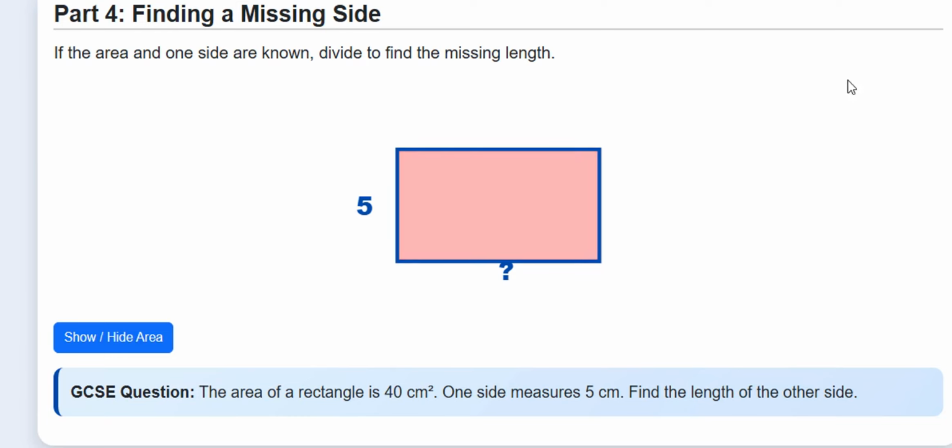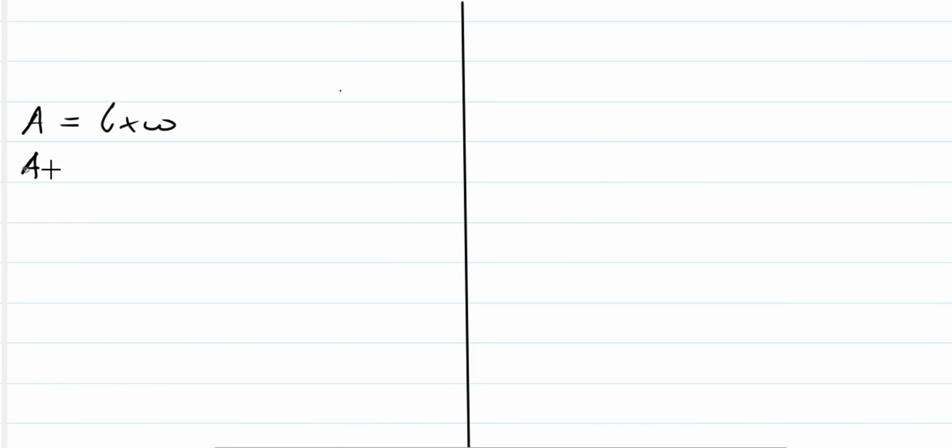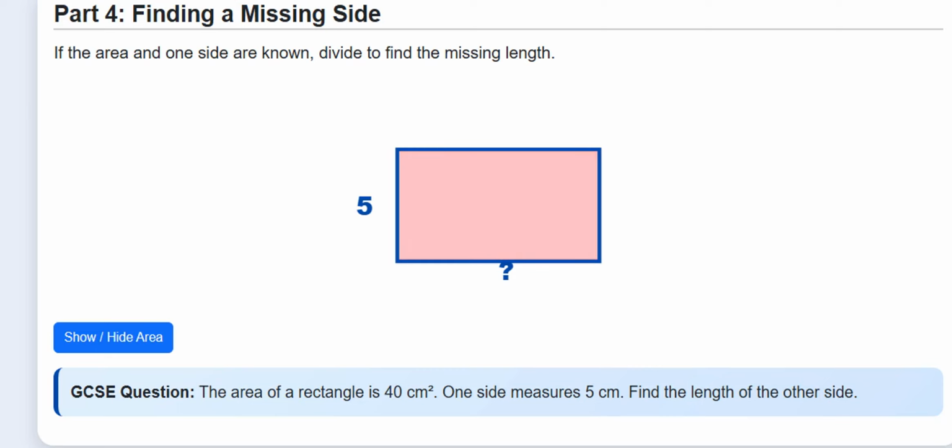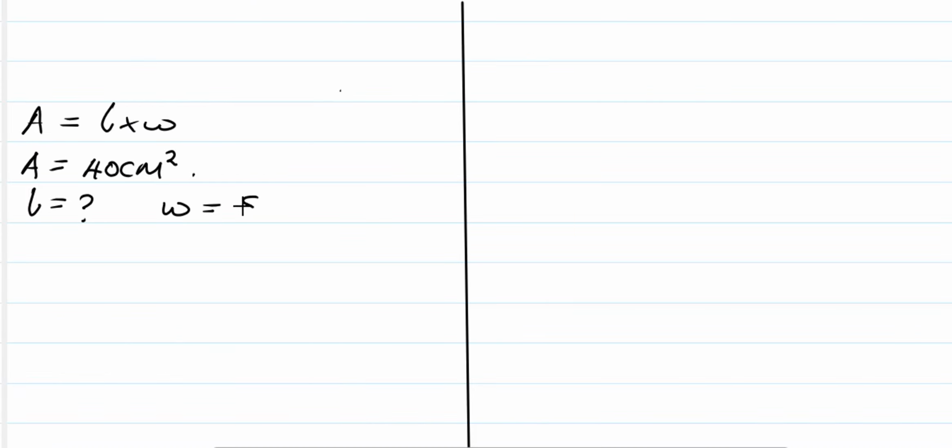We already know area A of a rectangle is given by length by width. But now here we have the area as 40 centimeters squared, like that. Then the length we don't have, but we have the width, which is 5 centimeters, like that.